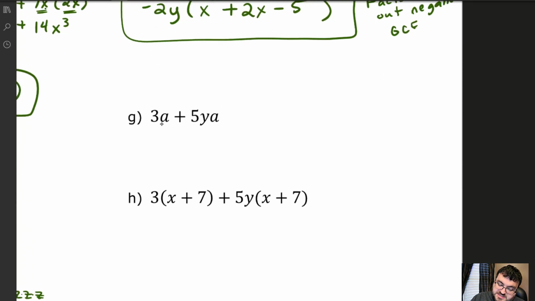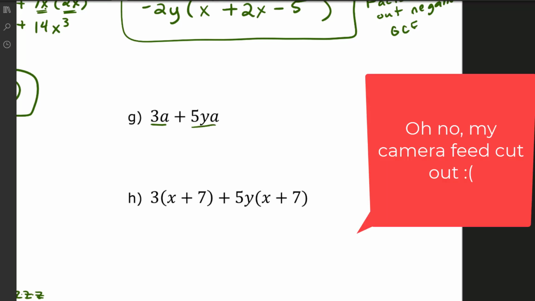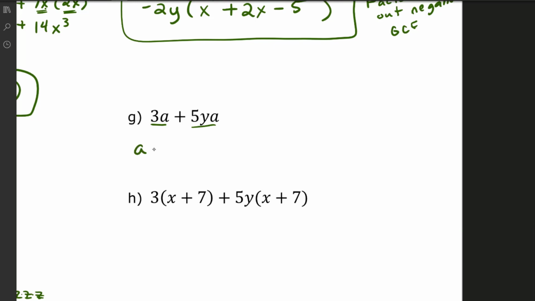G part has 3a and 5ya going on. So on this one right here, I see that there's an a in common. So I want to factor out an a, and then right beside this will be a 3 and a 5y, because I want to basically extract the a from each of those terms. 3 and 5 don't have anything in common.